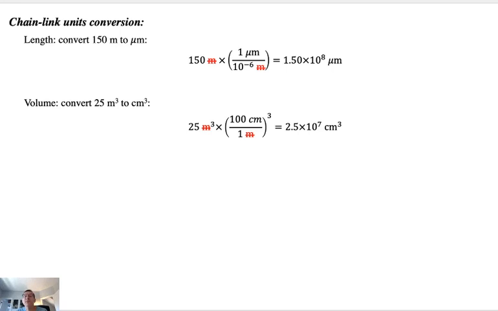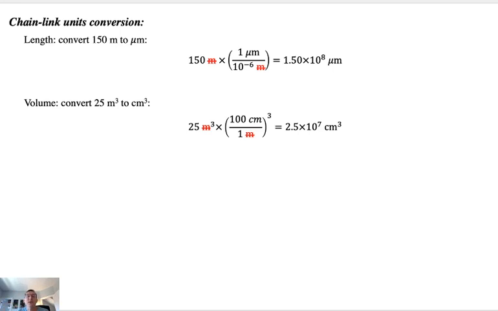Notice 150 divided by 10 to the minus 6 turns out to be very big. And here I'm expressing it in scientific notation, 1.50 times 10 to the 8 micrometers. So that's what 150 meters is equivalent to. It's equivalent to 1.50 times 10 to the 8 micrometers. Okay, that's a very basic chain link conversion. You must be able to do that.